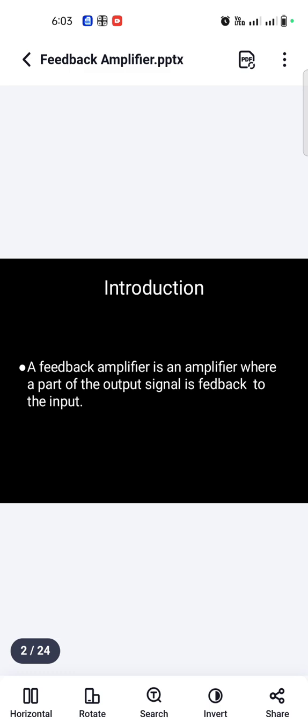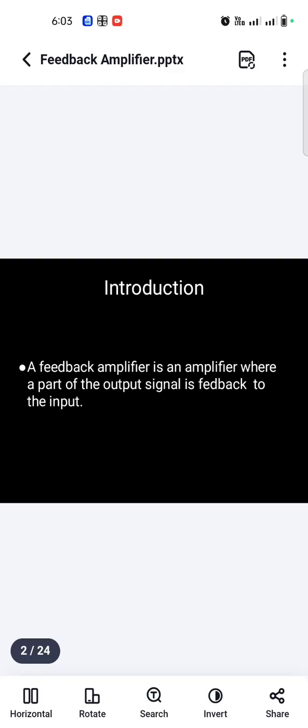Now, simply we can say positive feedback is where the output is added to the input, but in negative feedback the output is subtracted from the input.